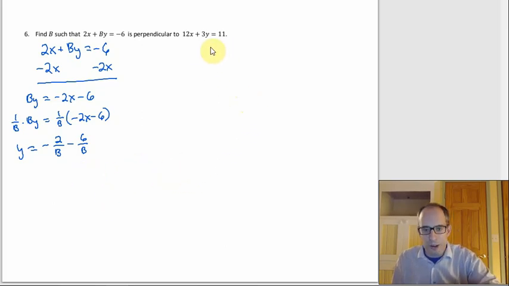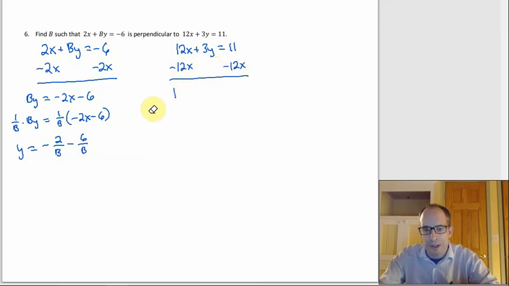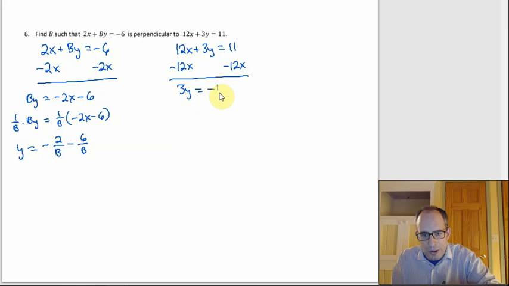And then over here, get this one to slope-intercept form as well. So we got 12x plus 3y equals 11. So I'm going to subtract 12x from both sides. And then we're going to have that, for some reason I thought that was a 13. It's not, it's a 3. All right, so 3y equals negative 12x plus 11.